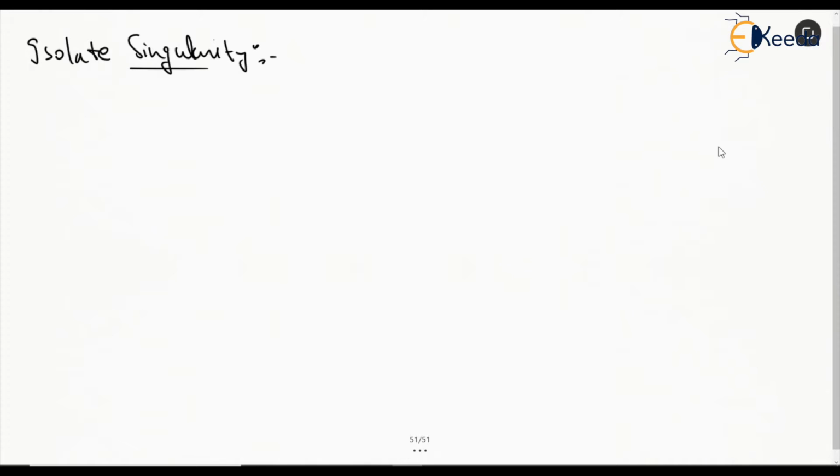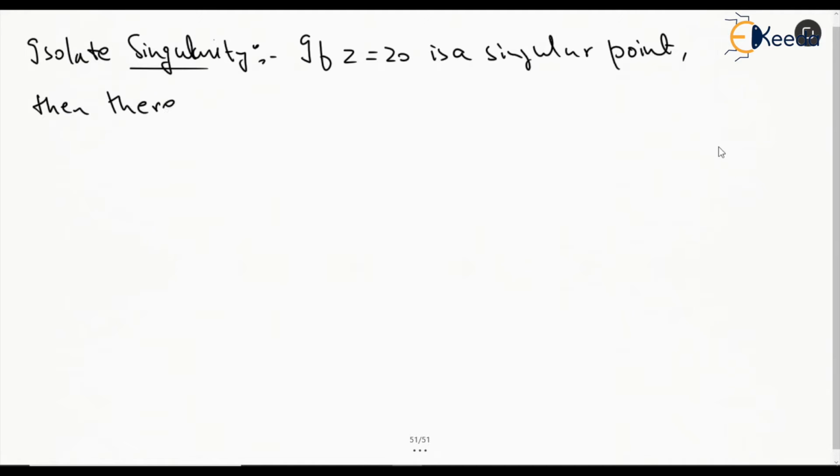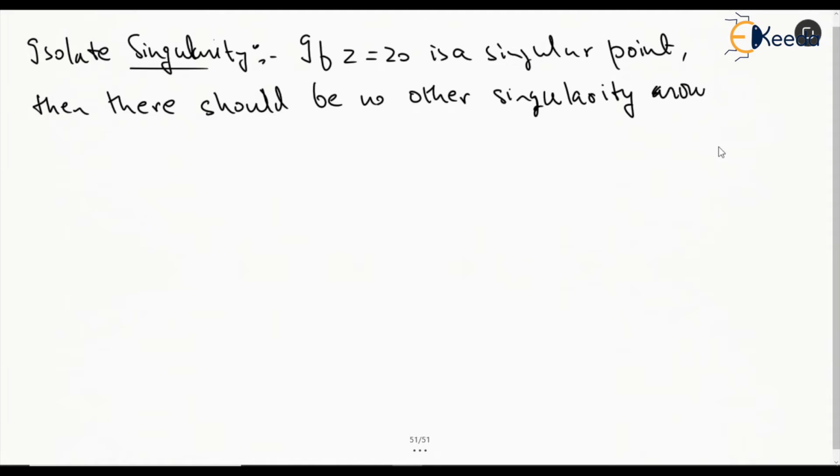That is, if z equal to z naught is a singular point, then there should be no other singularity around it.